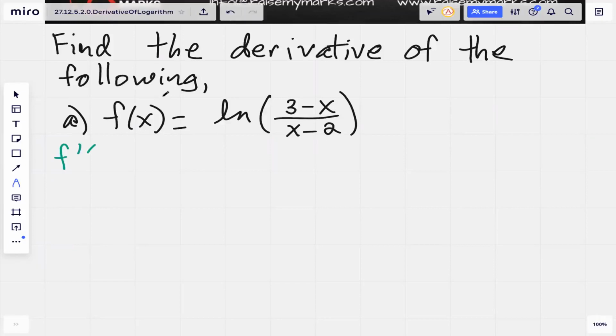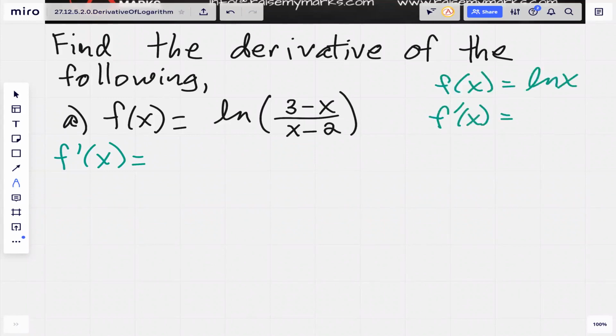All right, so f prime of x equals, so let's just put it right here. So the basic ln function, the derivative, is just 1 over x. We're going to use that. So in this case, we have ln of (3 minus x) over (x minus 2).